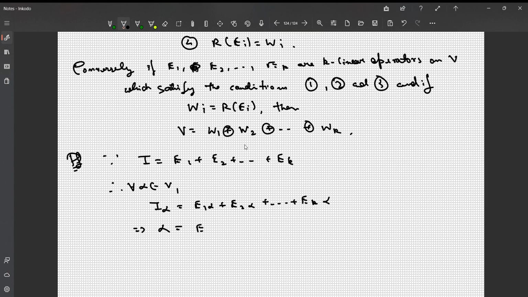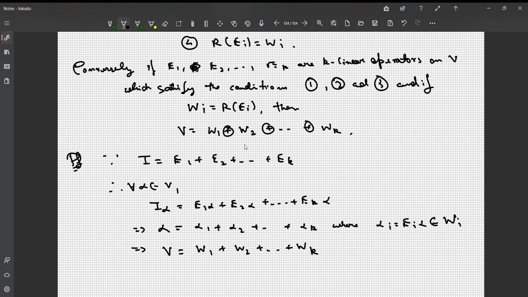So it can be written as alpha equals alpha 1 plus alpha 2 plus so on till alpha k, where each alpha i is nothing but Ei of alpha, and we have in the assumption that Wi is the range of Ei. So Ei of alpha must be inside Wi. So alpha i is in Wi. So this means that the vector space V is a sum of these subspaces W1 till Wk, not yet the direct sum.